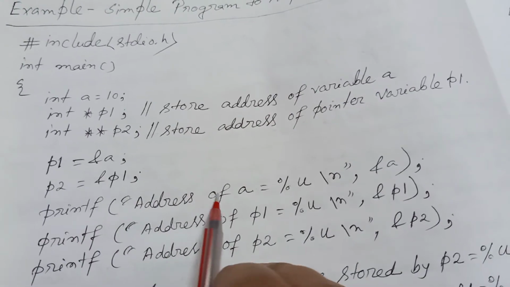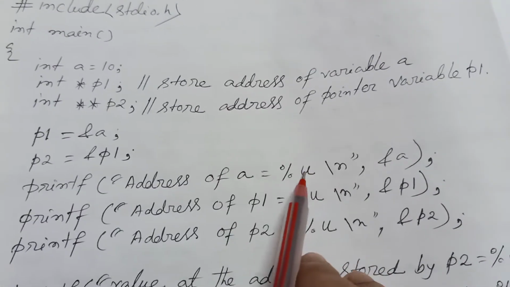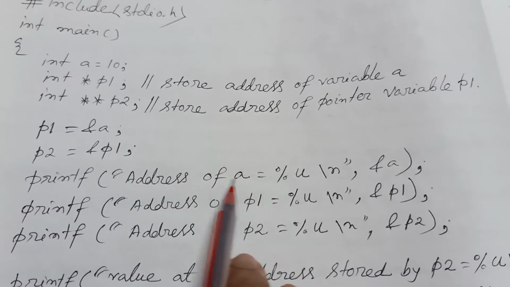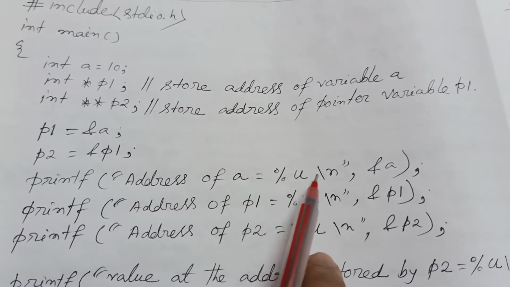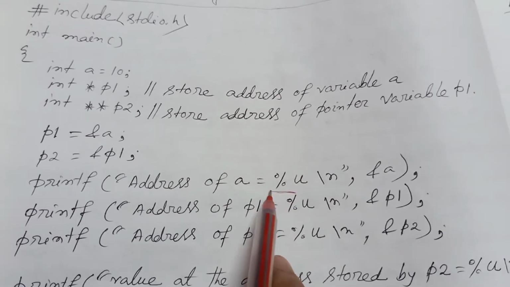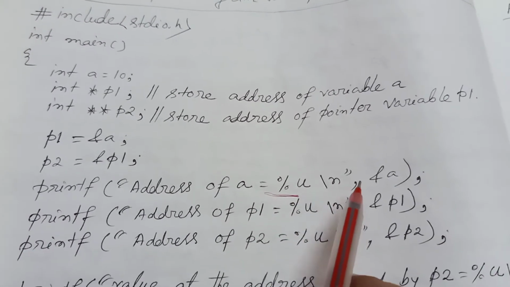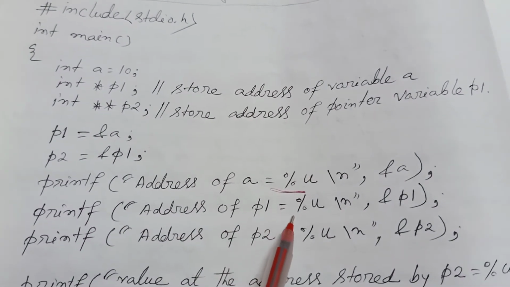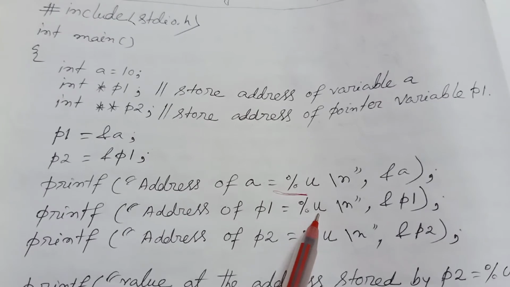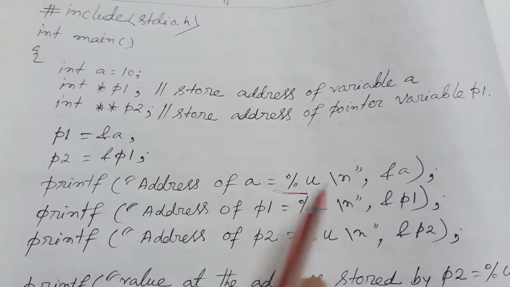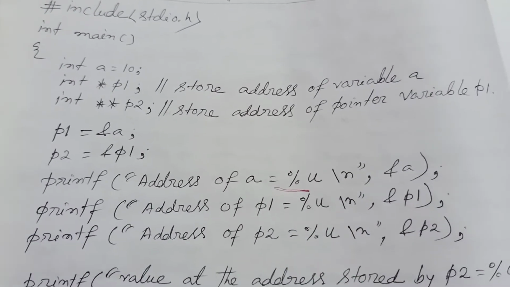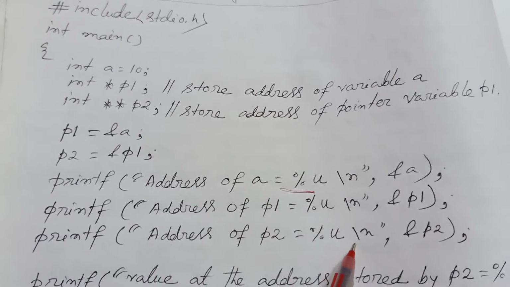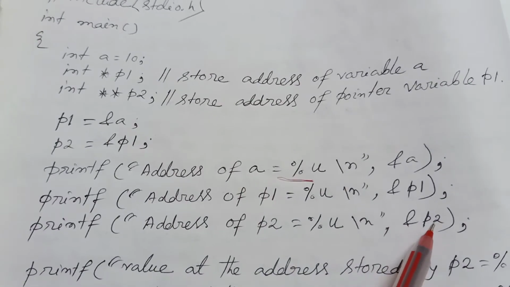Now printf address of a equal to %u, because to display the address we use the format specifier %u, quotation complete, &a. Printf address of p1 equal to %u \n, quotation complete, &p1. Address of p2 equal to %u, quotation complete, &p2.